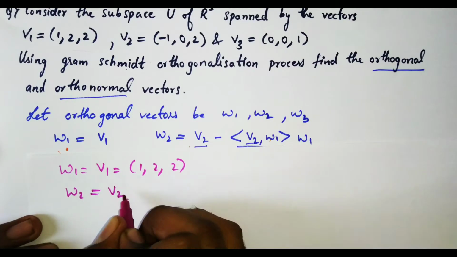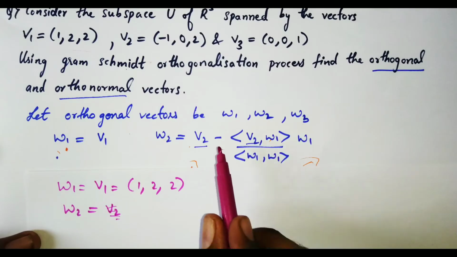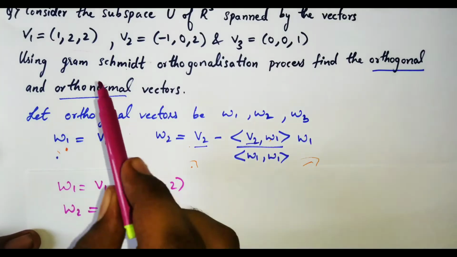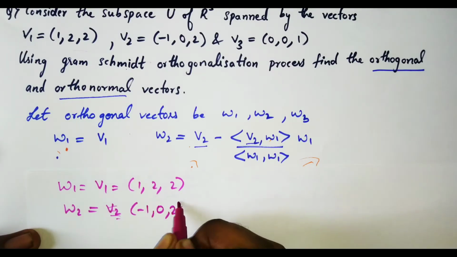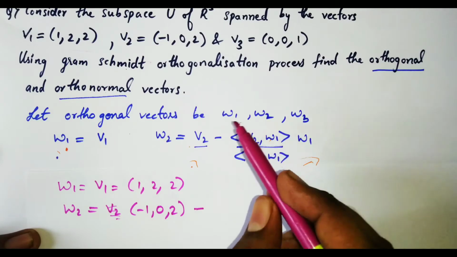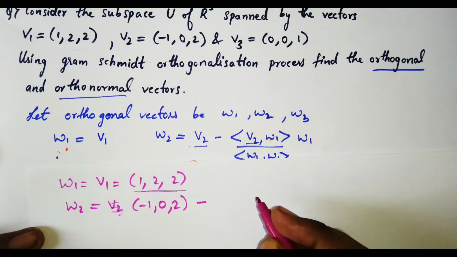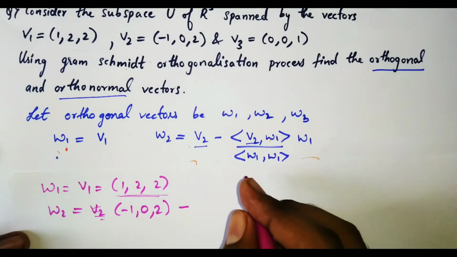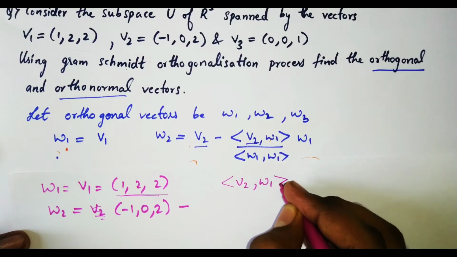w2 is v2 minus this part, so there is no need to write the equation again. v2 is minus 1 0 2, minus the inner product of v2 and w1.